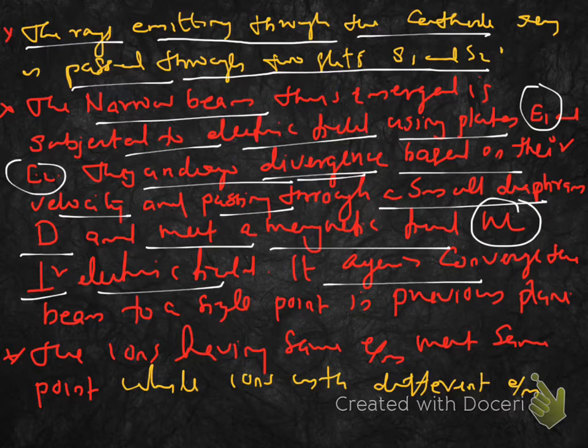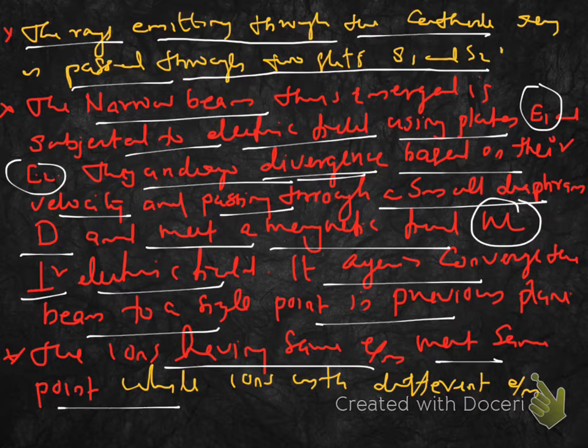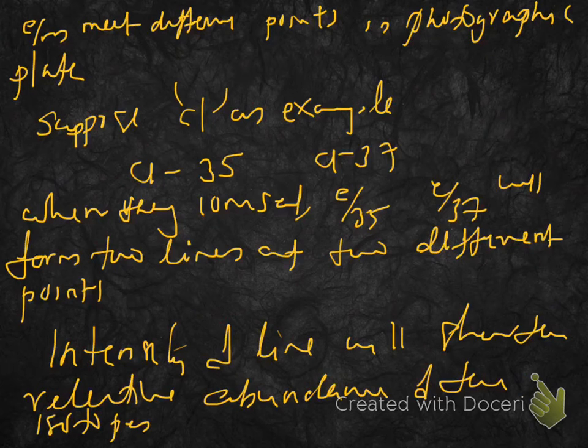It again converges the beam into a single point in the previous plane. You may have some disturbance when explaining without the diagram. Diagram will come in the next slide. The ions having same E by M meet the same point, while the ions with different E by M meet different points in the photographic plate.